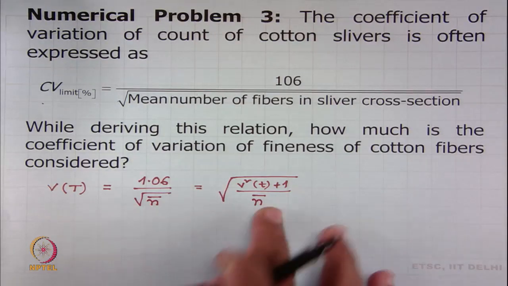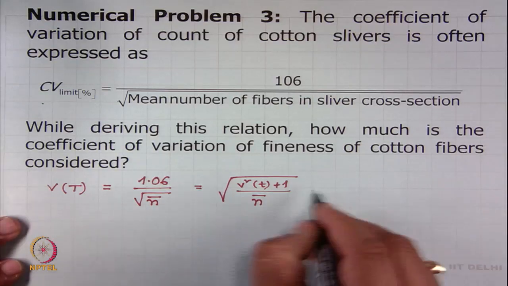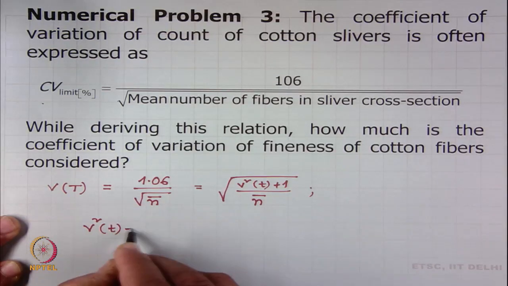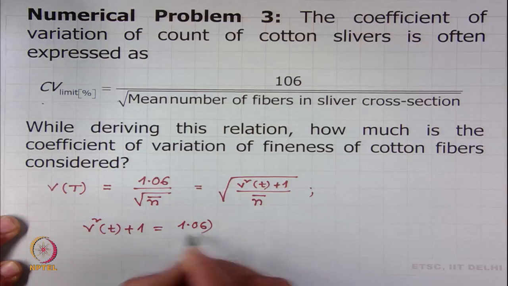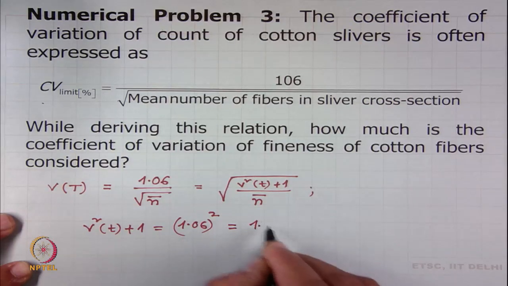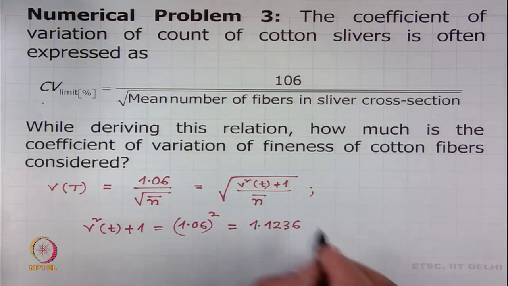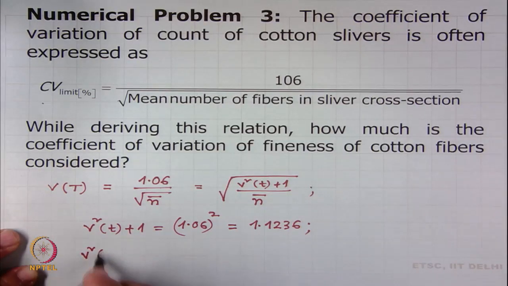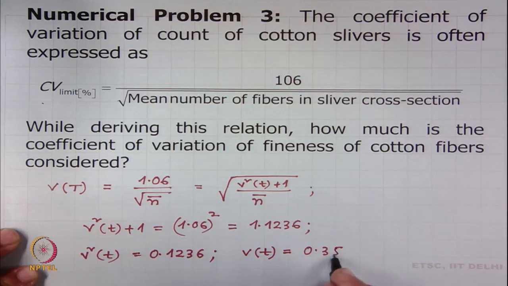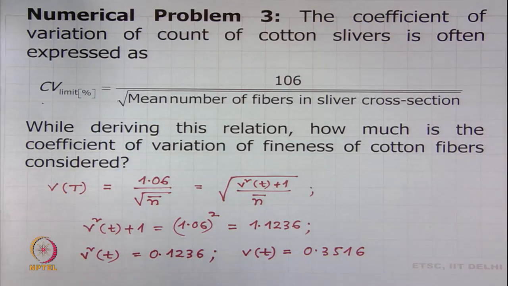So, if we equate, we have to find out V small t. So, square, so, 0.3516.